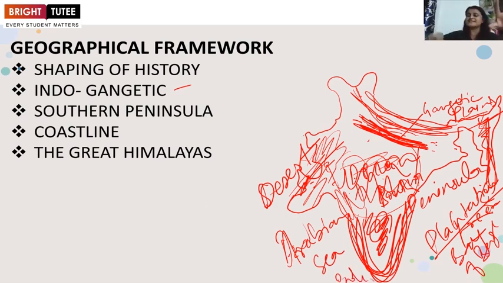So on three sides it is completely ocean, and that is why we call it a peninsula. A peninsula is a landmass which is covered on three sides by water. So this is the geographical framework through which we got to know about the history.